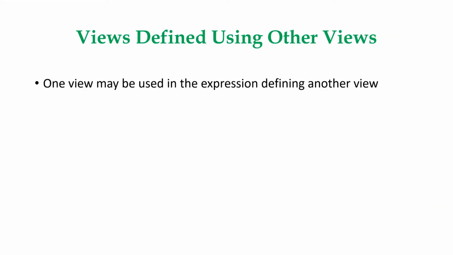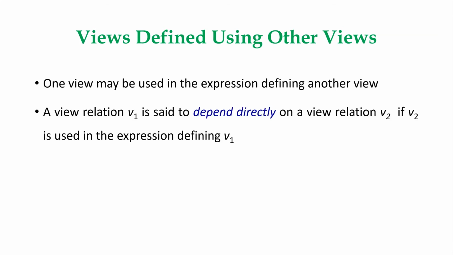Now views can be defined using other views like this. One view may be used in the expression defining another view, and a view relation is said to depend directly on another view relation if the second view relation is used in the expression defining the first view.